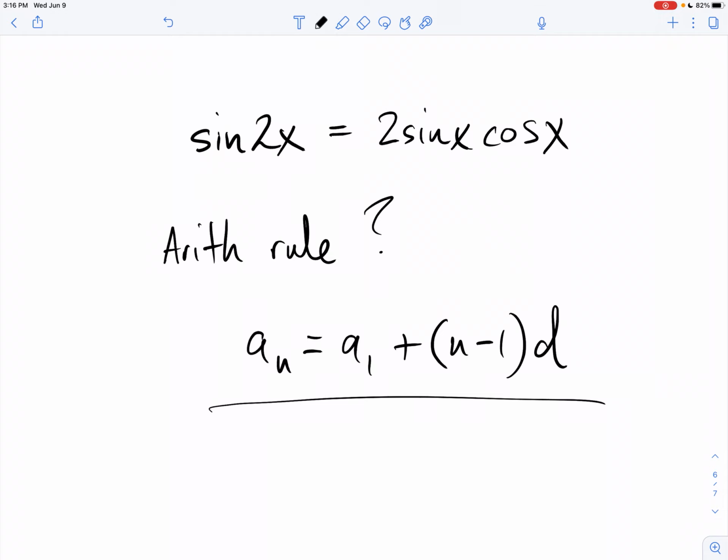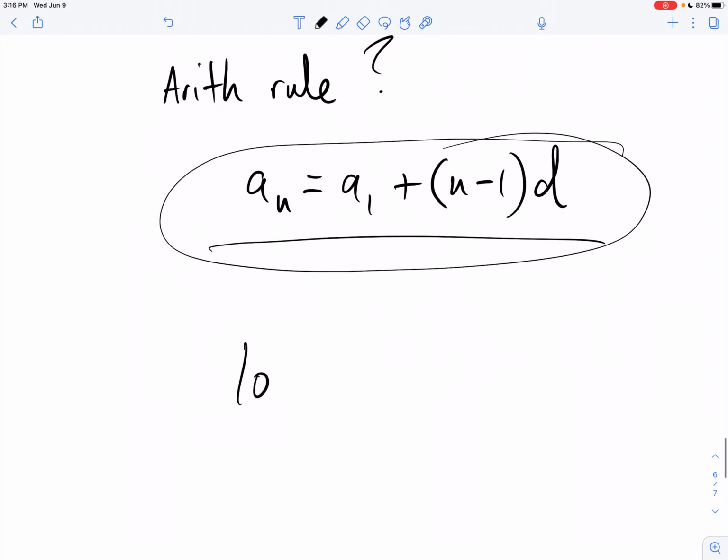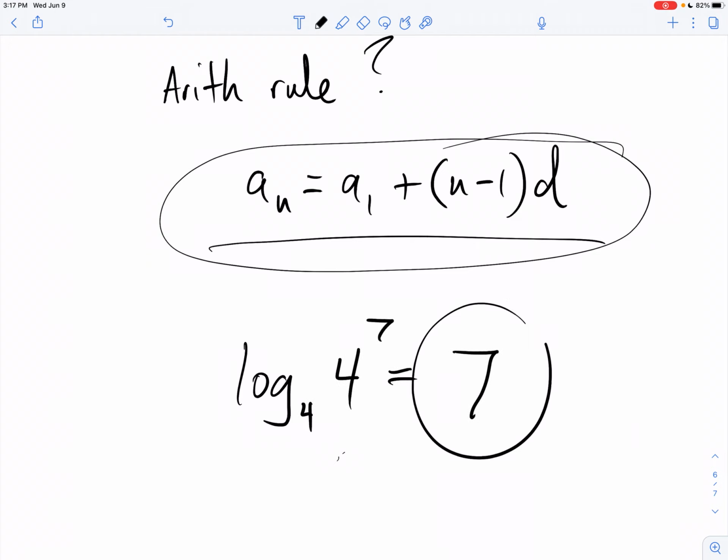Make yourself some flashcards so you don't forget any of these important little doodads so that you're ready for AP Calculus. You've already done the work. You just have to refresh your memory about the formulas and things. Okay? And stuff like, hey, what about log base 4 of 4 to the 7th? I wonder what that equals. 7, right? Get that stuff back into your psyche.